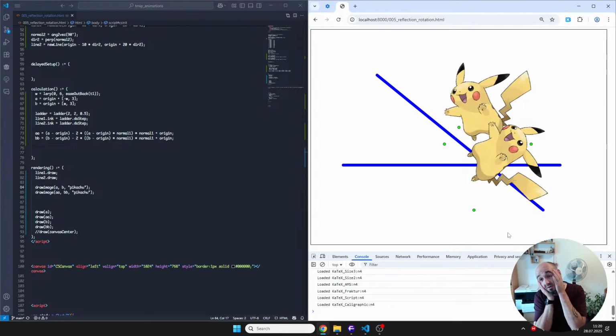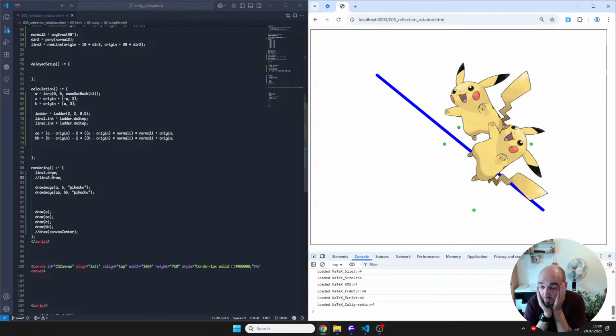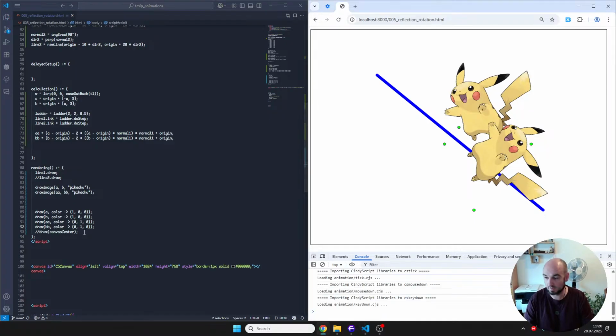So is this now the correct reflection on line 1? You know, this was supposed to be super easy, but so let's make that red, because it's the first one, and that green. I am very confused.